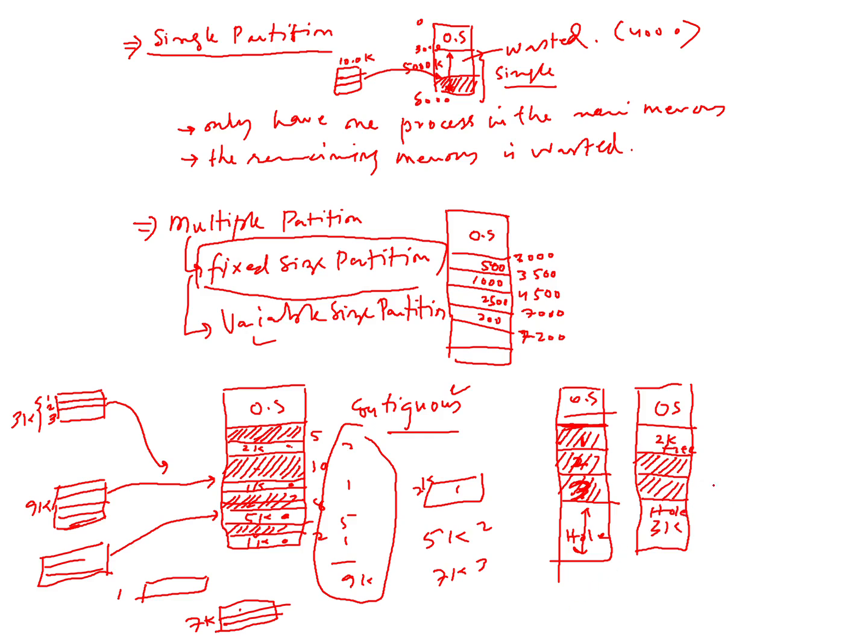Now suppose a new process pops up and it is 5k. We have 5k memory space available here, but we cannot utilize it. This is also a problem, similar to the previous problem we saw. When some space is wasted inside the partition, that is called internal fragmentation.